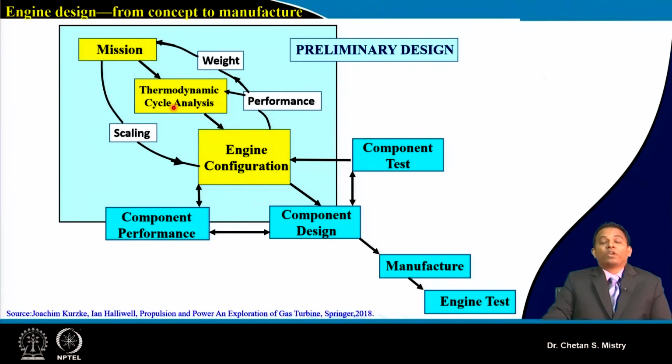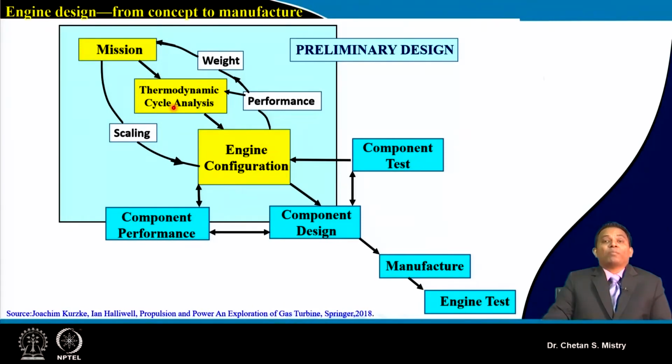If you are looking at the design of an axial flow compressor for the engine, maybe the LP compressor, the HP compressor, or the fan, the very first step is to do the thermodynamic cycle analysis.